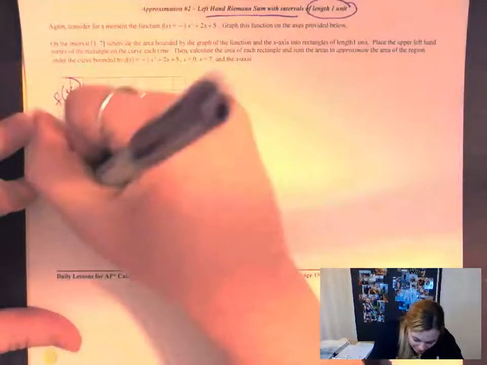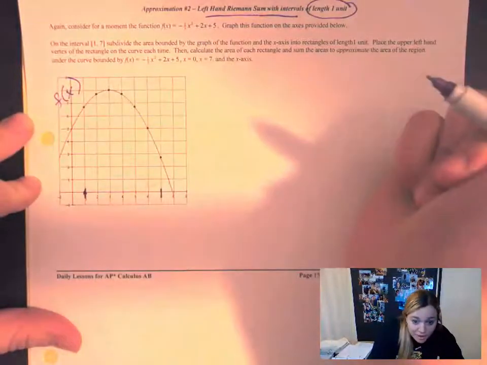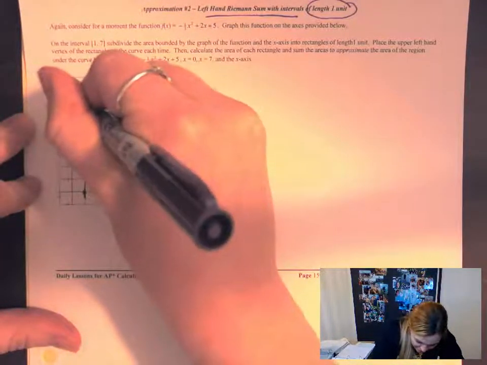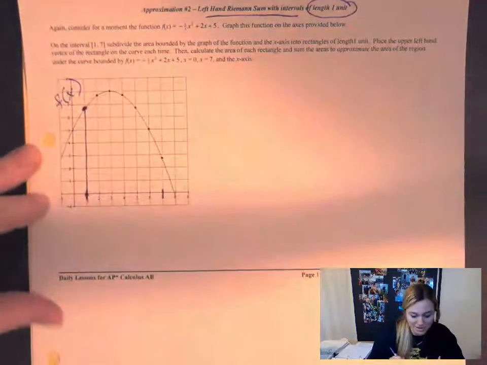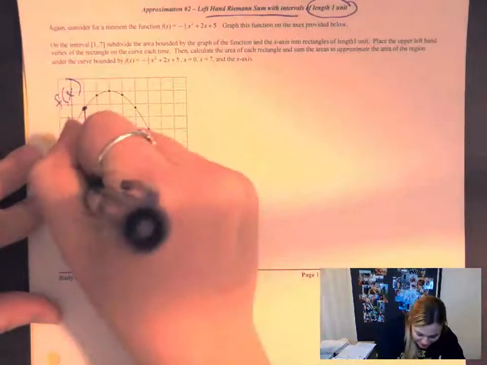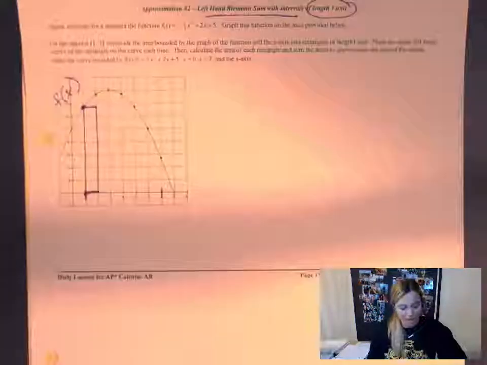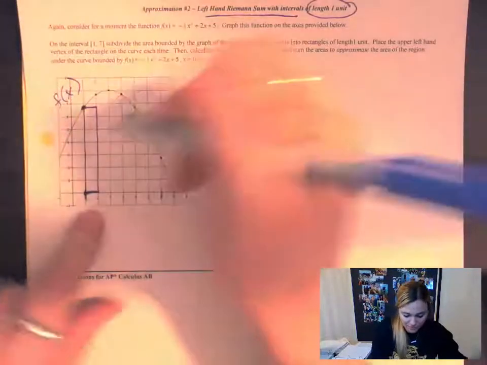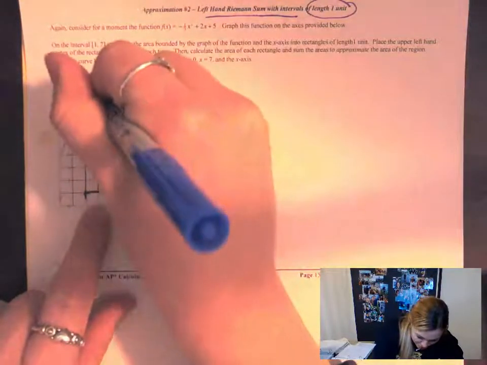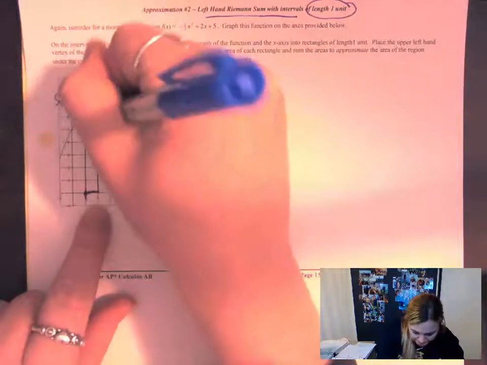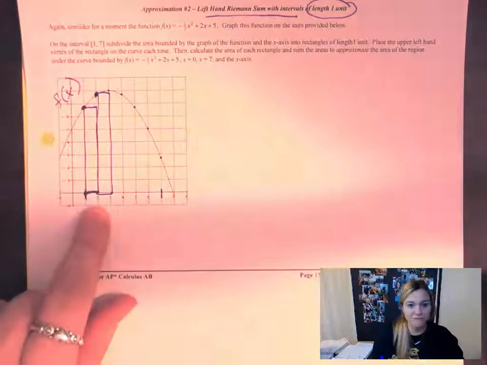So now I'm going to do a left-hand Riemann sum, which means that my left side will touch the function. That's my new height. But here I only have a base of 1. My next rectangle is going to start at x equals 2 this time, go the whole way up until I touch my function. Okay, fill in the rest.